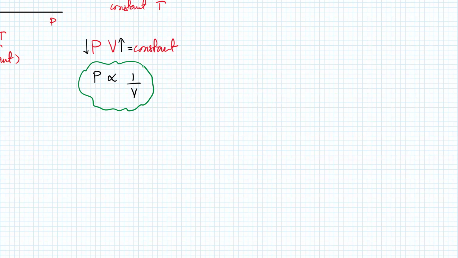Now this relationship does not hold true at all. It's only true when does a gas behave ideally? Low temperatures or high temperatures? High temperature and low pressure. So the gas will behave ideally at high temperature and low pressure.